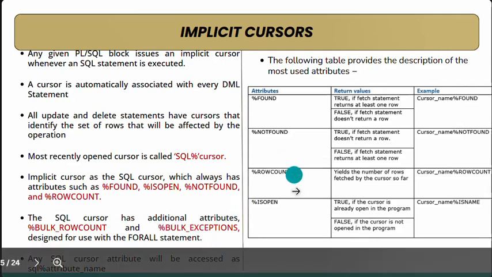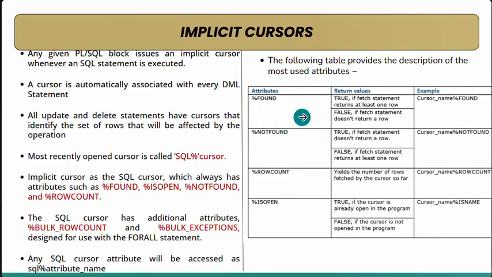This table illustrates how the attributes are used and how the results are displayed. For example, the found attribute is represented with the cursor name followed by the percentage symbol and found. It will return true if the fetch statement returns at least one row, or else it will return false.